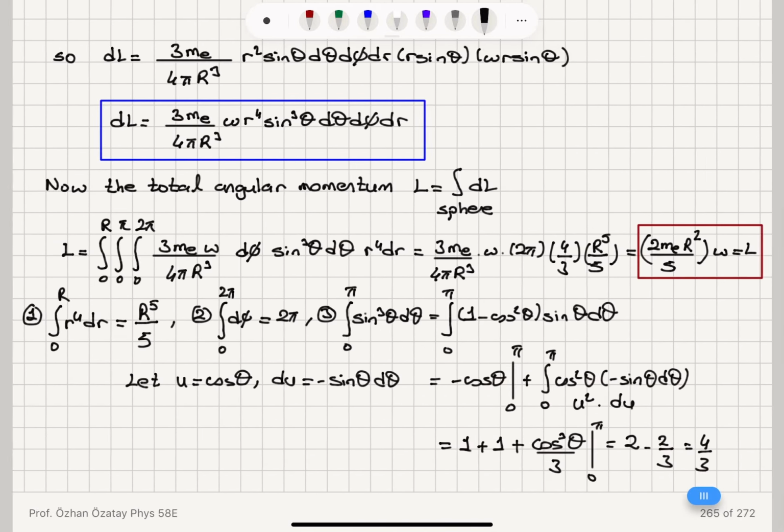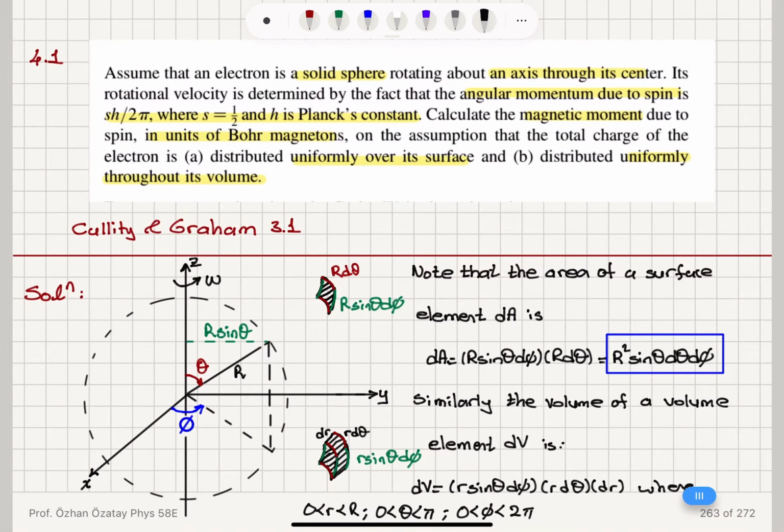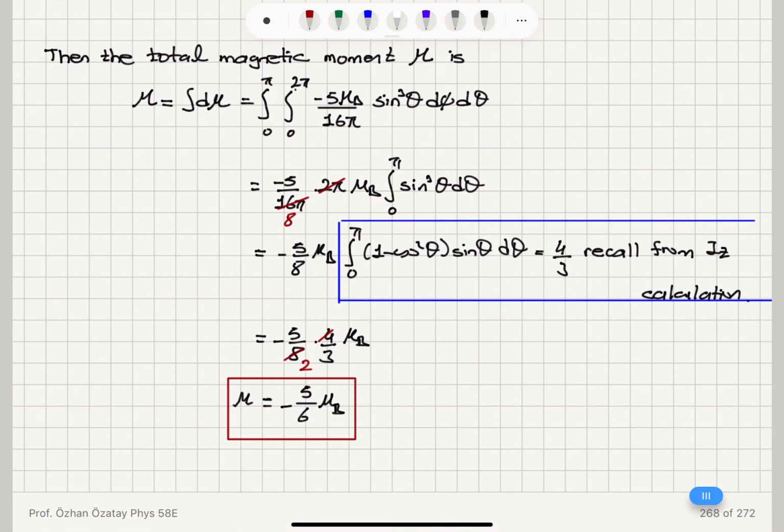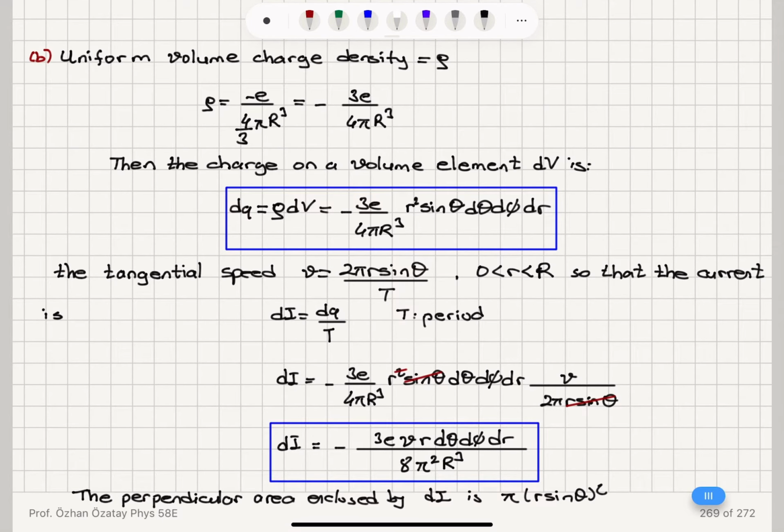So this current will be flowing in this circle. Let's say this is my r less than capital R. It's on this circle. So basically we have a current loop here, and r sine theta will be the radius of the circle. So it will be pi (r sine theta) squared.